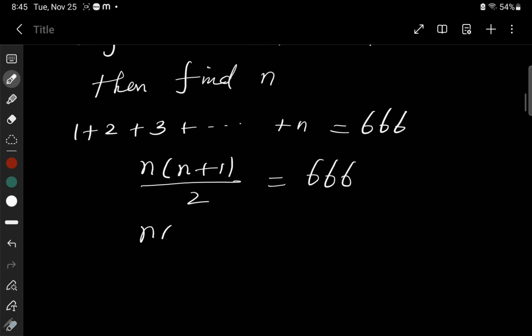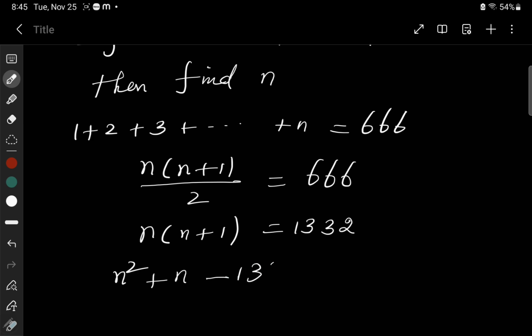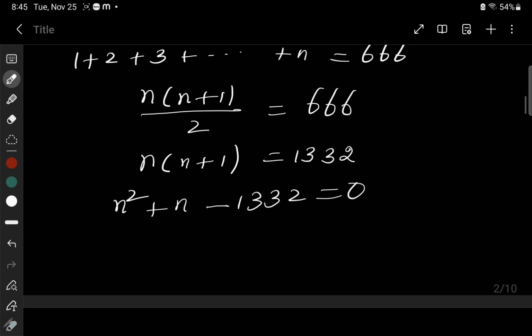Cross multiply, n into n plus 1 is equal to 1332. So n squared plus n, you bring this to the left side, minus 1332 is equal to 0.